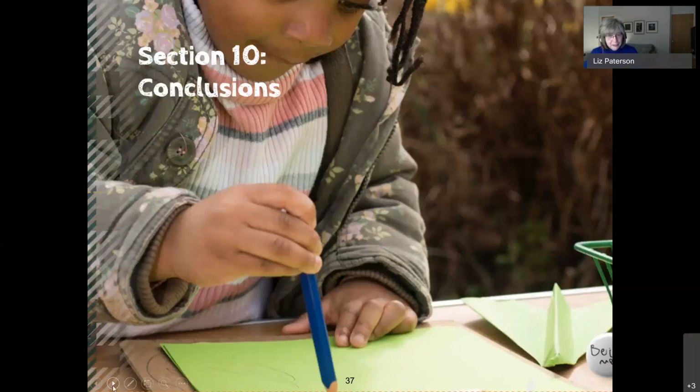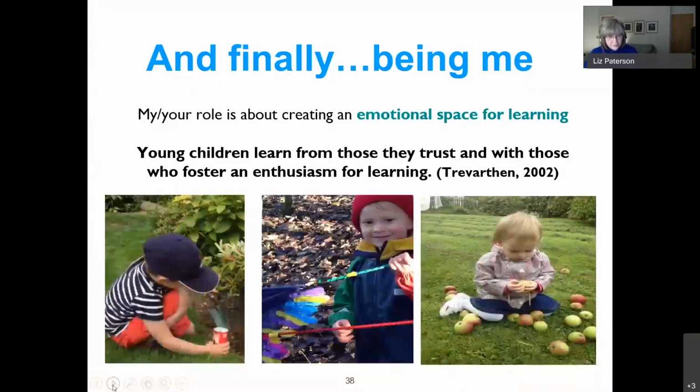So finally, Being Me. My and your role is about creating this emotional space for learning. And we really liked this final quote: "Young children learn from those they trust and with those who foster an enthusiasm for learning." Thank you for listening to us today.